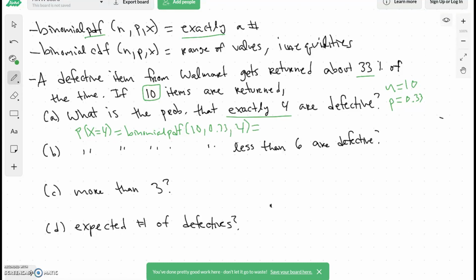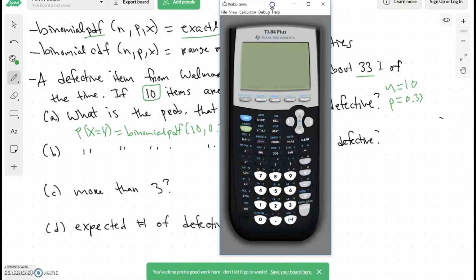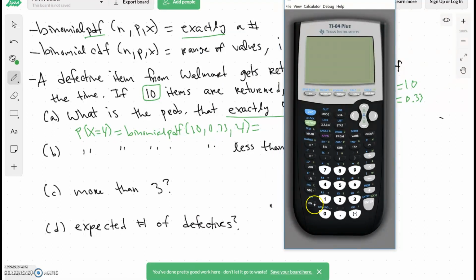Okay, so now we're going to put that into my calculator. Now, I only have the emulator for the graphing one, so we're going to use that one. For those with the TI-36, you should already have the directions, or they will be posted on Blackboard. The first thing we do is press second vars, then go all the way down to binomial PDF.